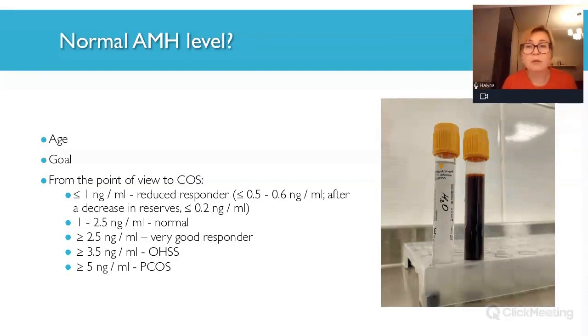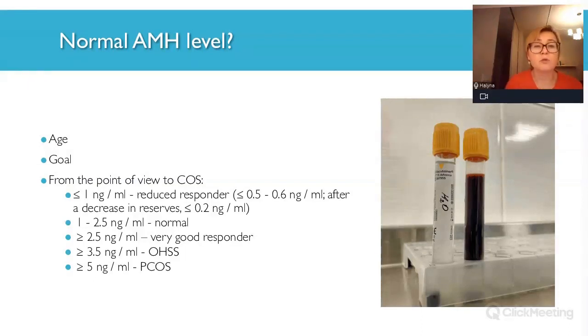So more correctly, we should talk about the possibility to receive some number of eggs according to the AMH level. If we have less than 1, it is considered reduced ovarian reserve. If we have less than 0.5, it is very reduced ovarian reserve.